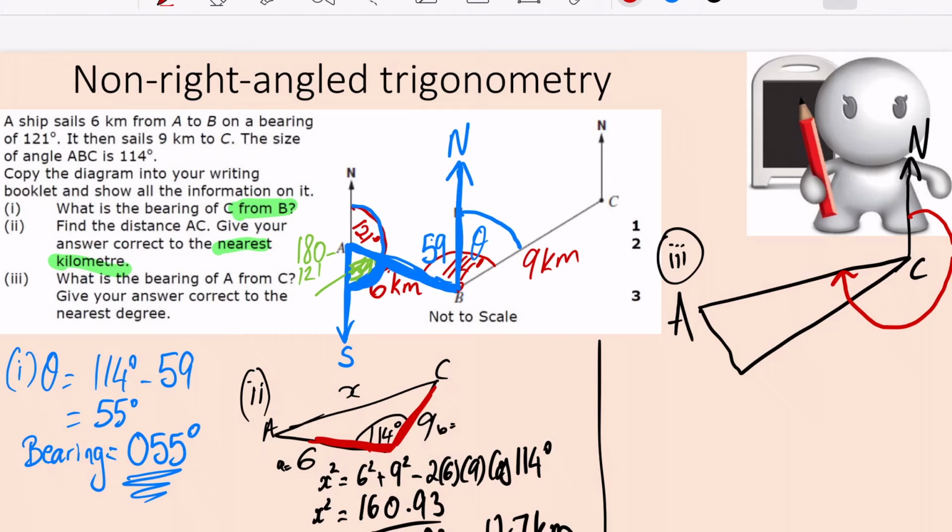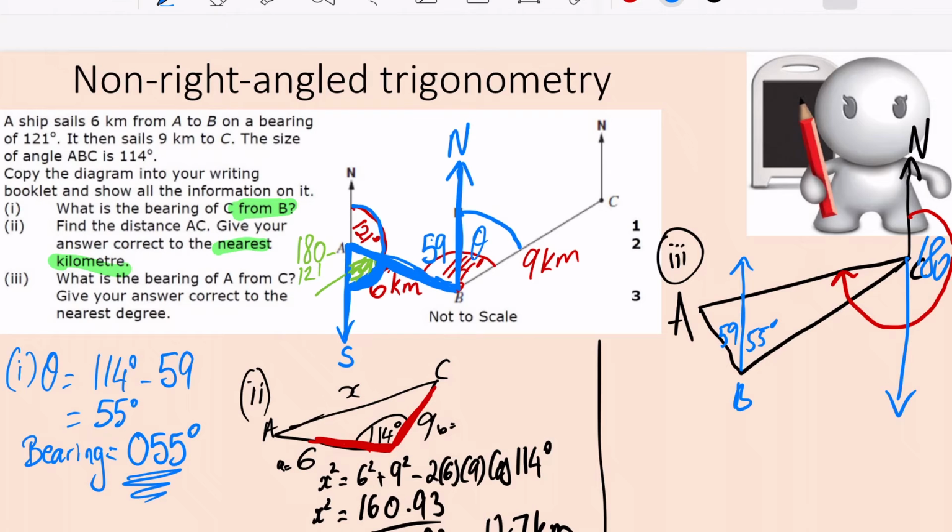Now what do I know? Well, I know that from north to south is 180 degrees. And just reminding you that we split up this angle here at B, previously we split it up into 59 and 55 degrees.